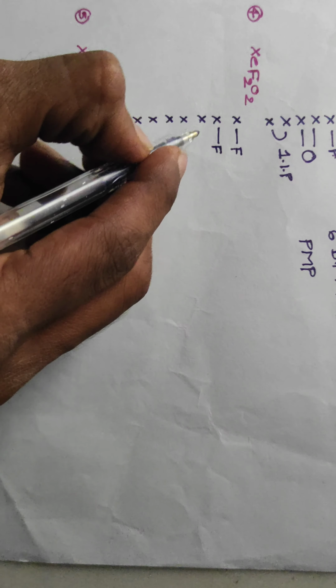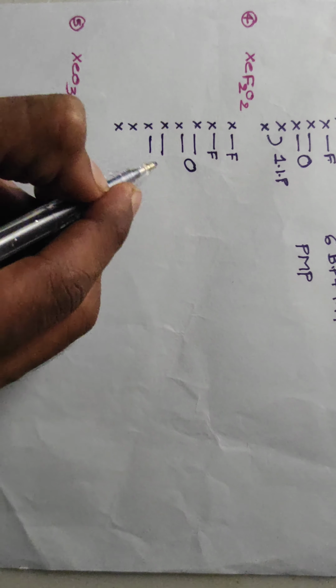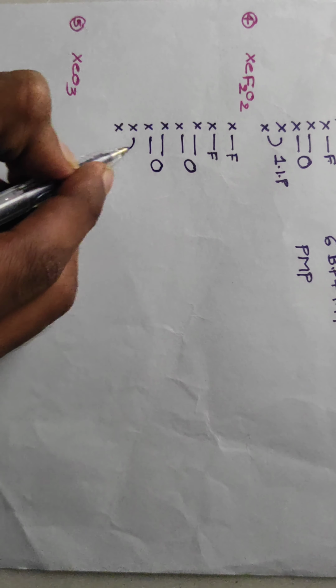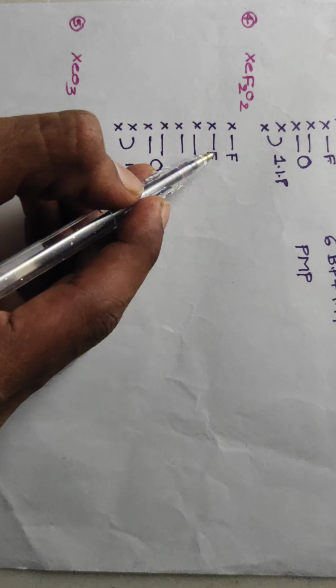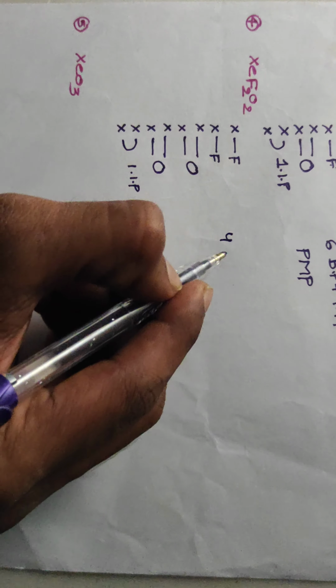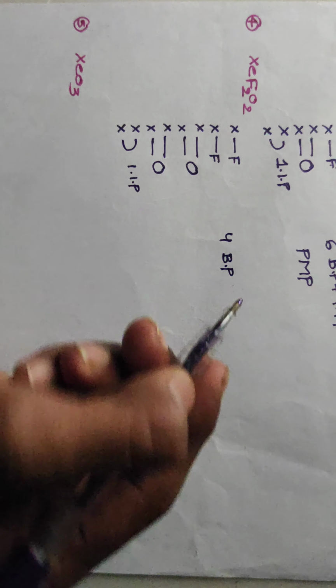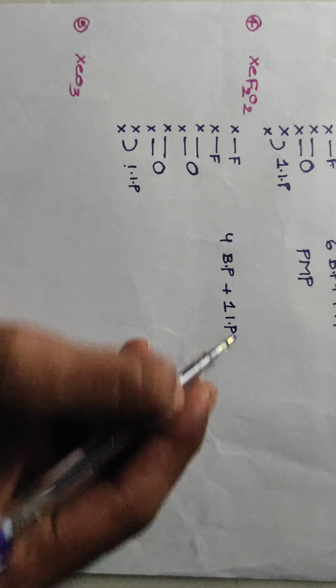Oxygen is a bivalent atom. So the remaining 2 electrons act as one lone pair. So 4 bond pairs plus 1 lone pair.